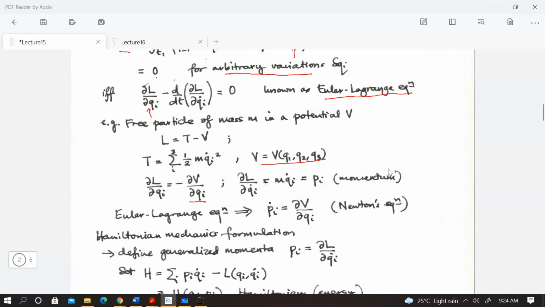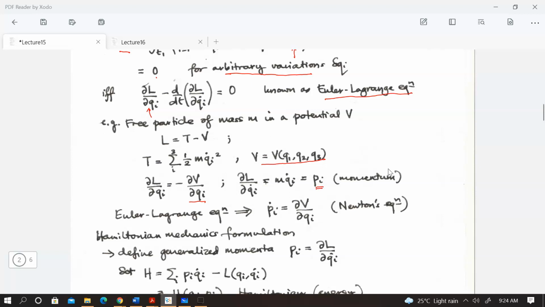So you have partial L partial qi dot, and the term in the Lagrangian that depends on qi dot comes from your kinetic energy, and when you differentiate this, you get m qi dot, which is essentially your momentum.